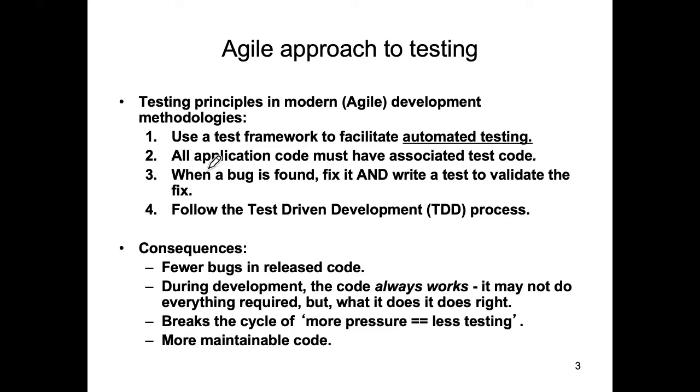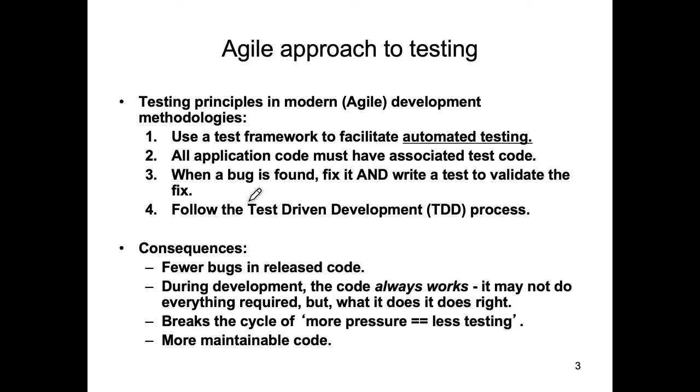Number three, whenever a bug is found in your application, obviously you fix the bug, but you then write a test to prove that the bug has been fixed. And that test code now becomes part of your overall suite of testing software. Number four is a little bit tricky, but I'll explain it maybe later on.